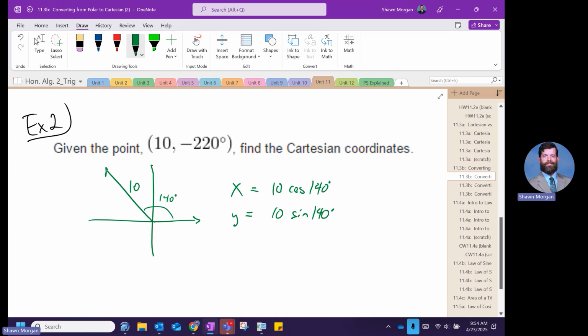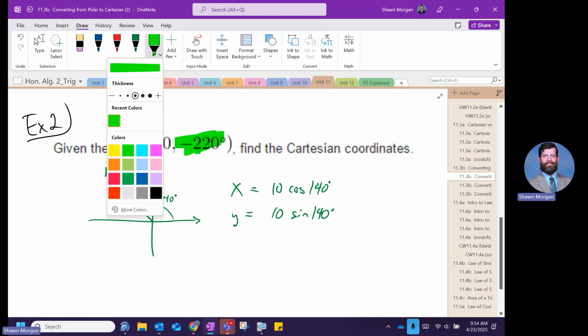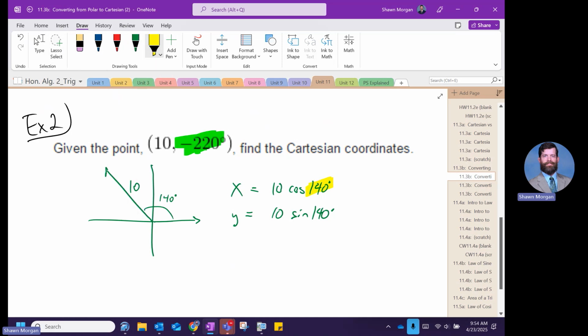Freddie, help me out. What is the relationship between the angle that they gave us, negative 220, and the angle 140 that I plugged into my formula? What's the relationship between those angles? The C word. Not coplanar, coterminal. Good. So they're off by a factor of how much?